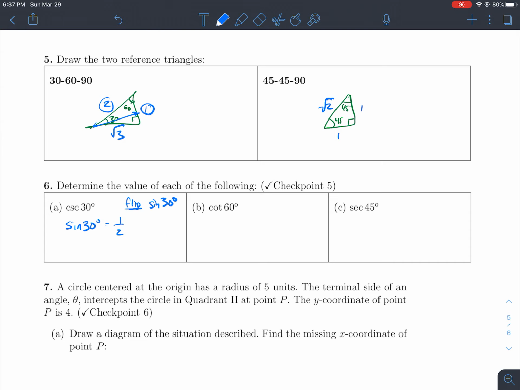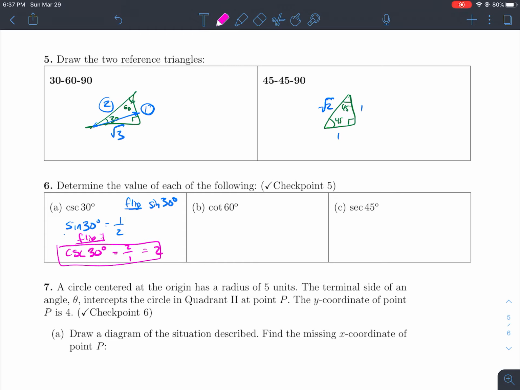So whether you flip it right away and you get 2 over 1, or whether you find sine first and then flip it, it would give you 2 over 1, which is just 2. So cosecant of 30 is 2.